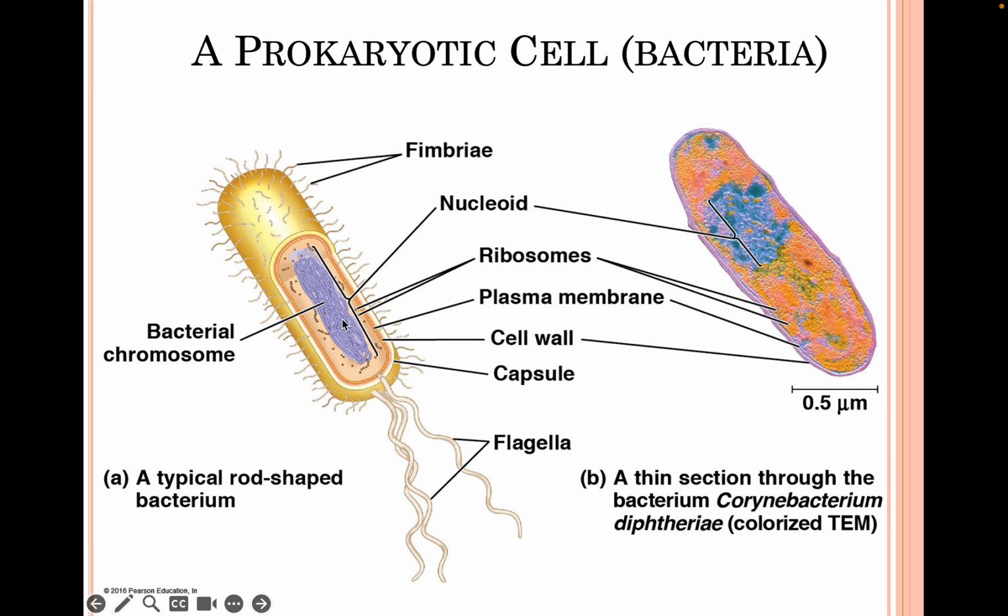Bacteria also have a single circular chromosome, which is another difference from eukaryotic cells. They do have ribosomes, but the ribosomes in prokaryotic cells are different than the ribosomes in eukaryotic cells. They have a plasma membrane and a cell wall that helps give them rigid structure.